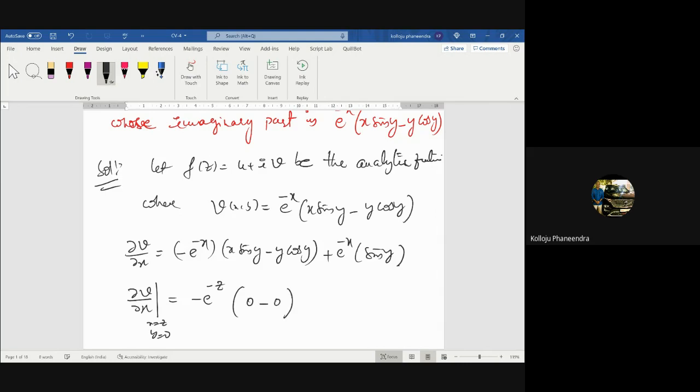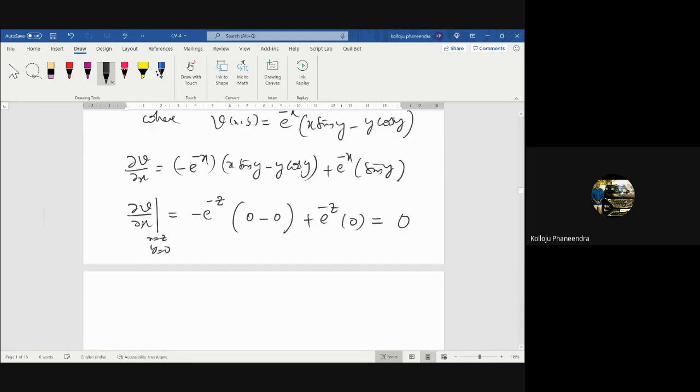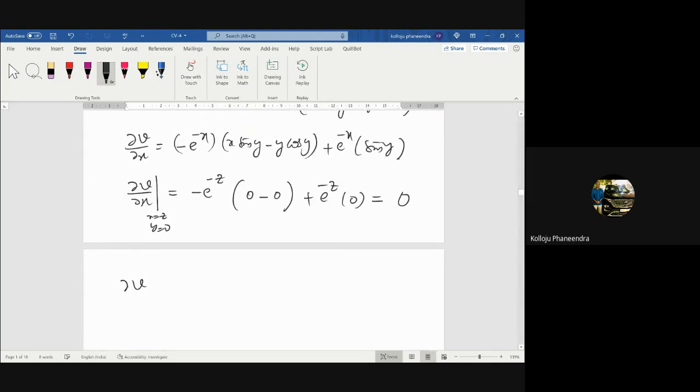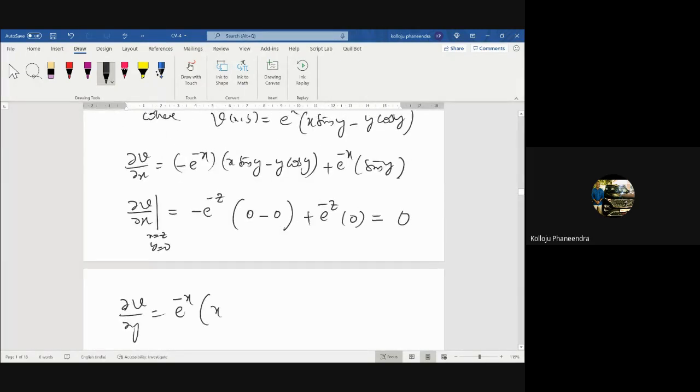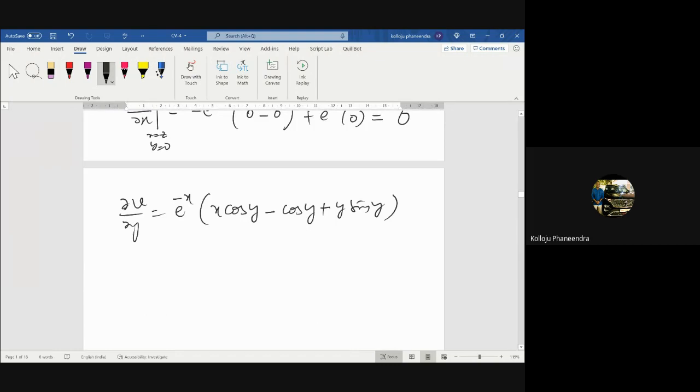So the entire thing goes to 0. Next, ∂v/∂y, e to the power of minus x is constant. So sin y means this is cos y minus, plus y sin y, product rule.